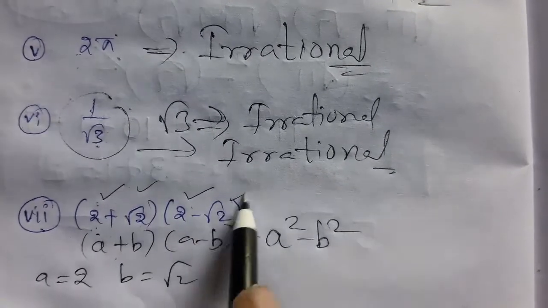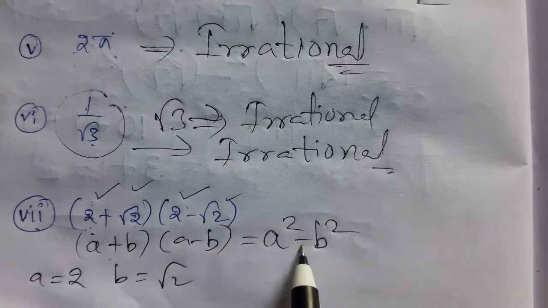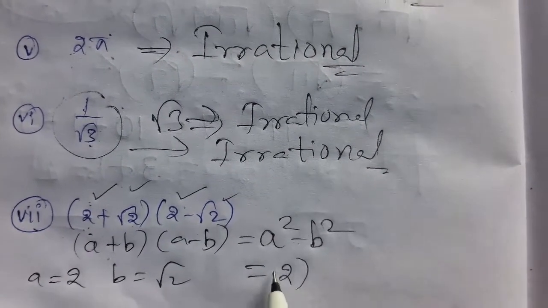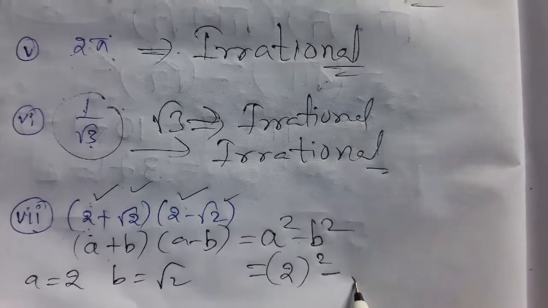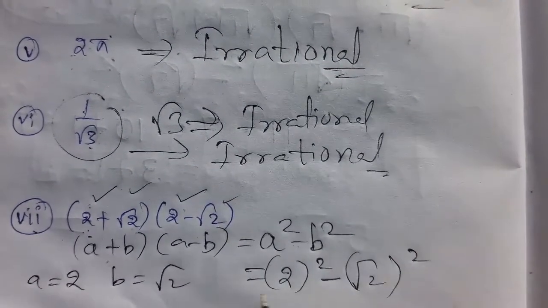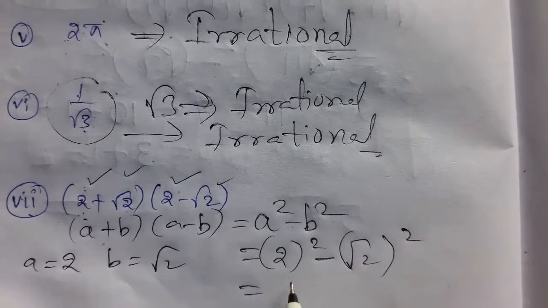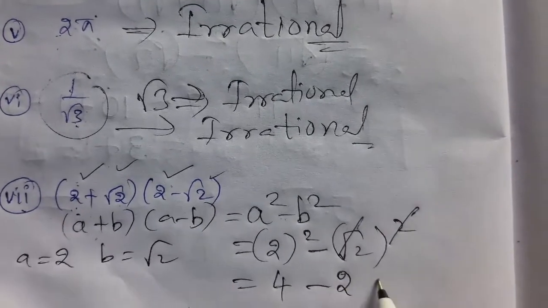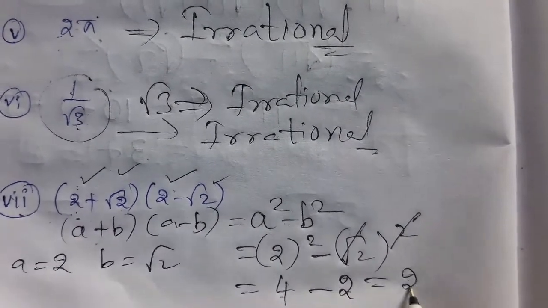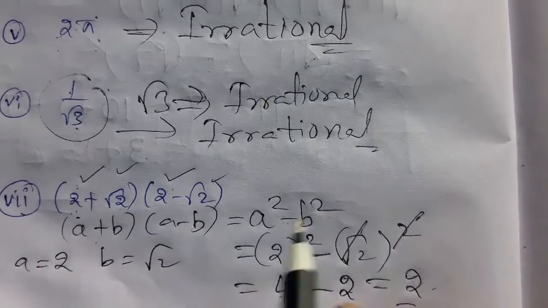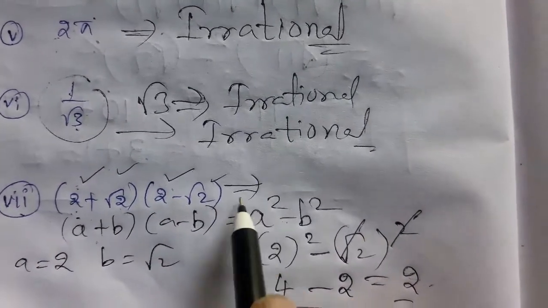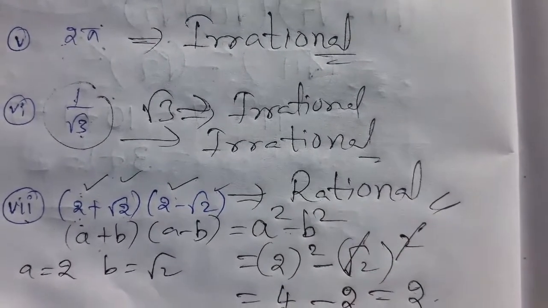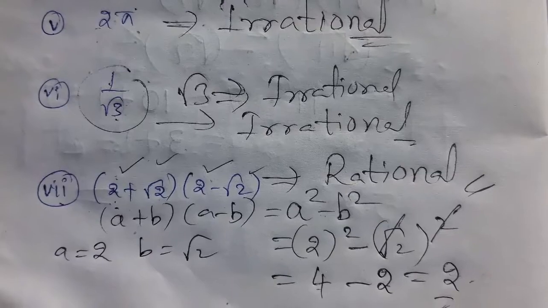Now using this formula, a square means 2 whole square minus b square means root 2 whole square. Here 2 square means 2 into 2 is 4, minus root square cancel, that equals 2. 4 minus 2 means 2. So 2 is a rational number. So the given one is rational. Now move to next.